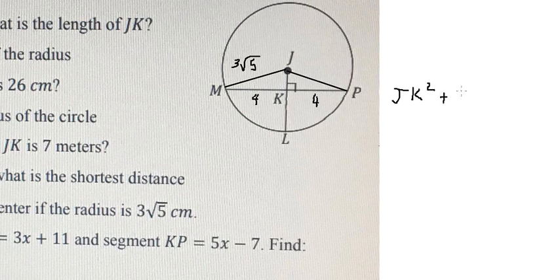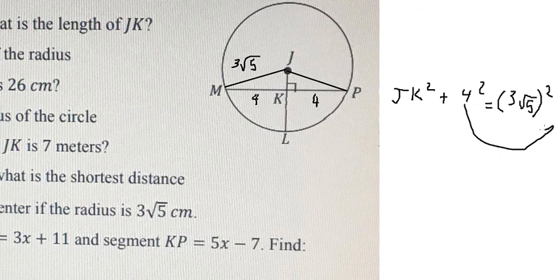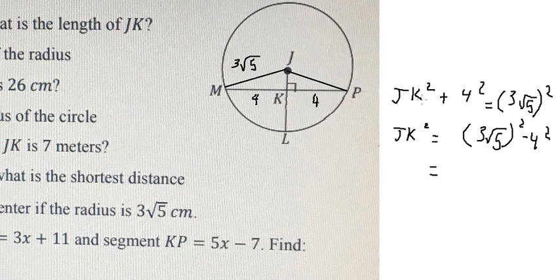We have MK, that's 4 squared, and 3 square root of 5 to the power of 2. So we put this one over here. We have 29. So we take the square root of both sides. We got this value in here.